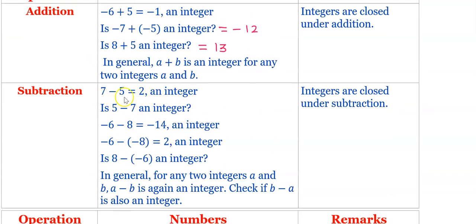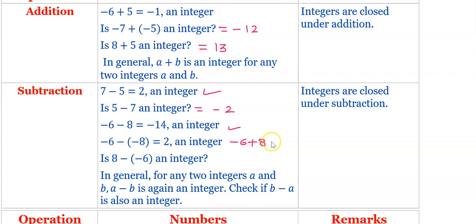Subtraction. 7 minus 5 equals 2. This is an integer. But what about 5 minus 7? That equals minus 2. It's also an integer. Minus 6 minus 8 equals minus 14. It's an integer. Minus 6 minus in bracket minus 8. If we solve this, that is minus 6, and this minus and minus will become plus.